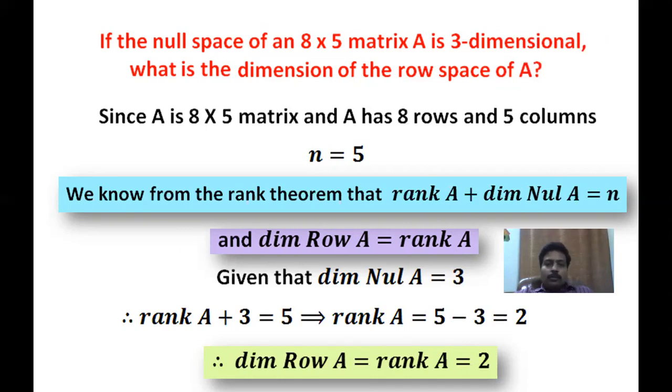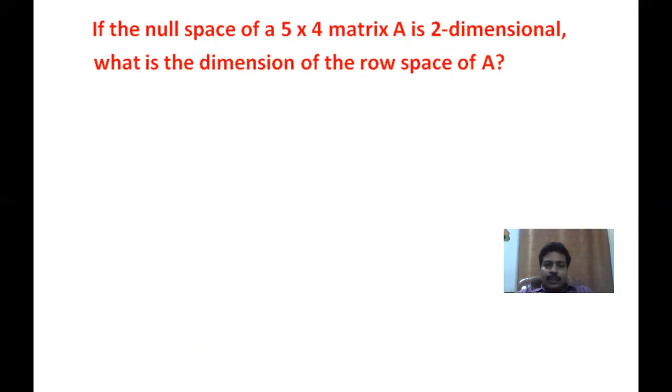Let us move on to one more problem. And this is, if the null space of a 5 by 4 matrix A is 2-dimensional, what is the dimension of row space of A?